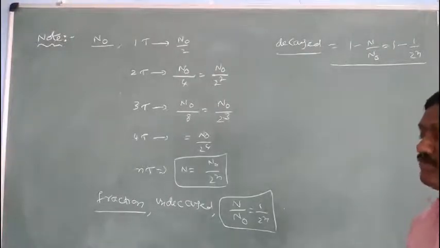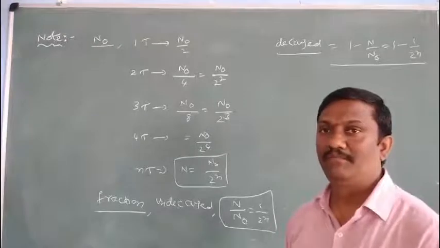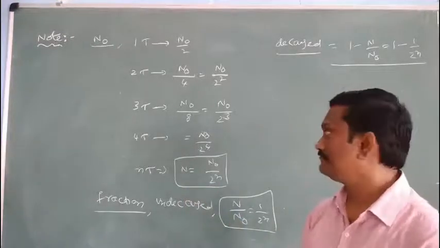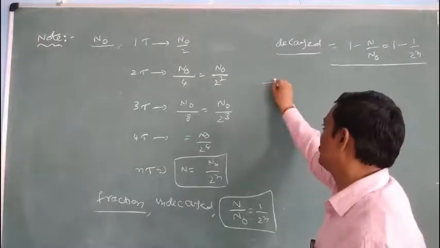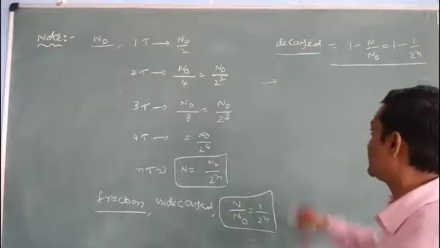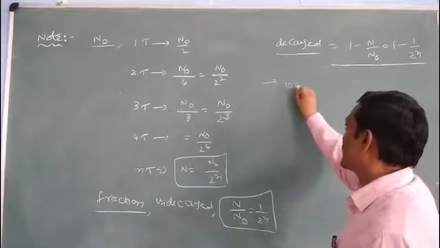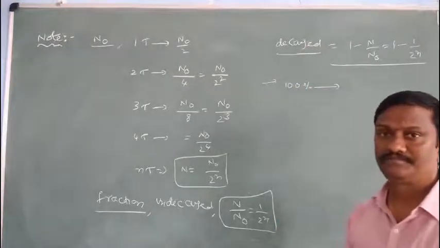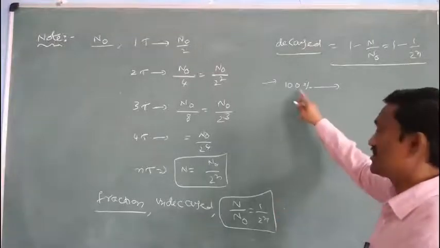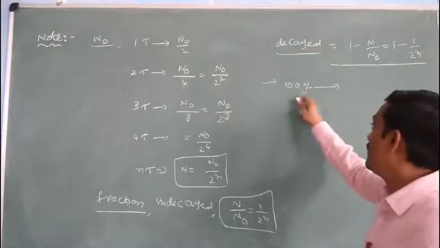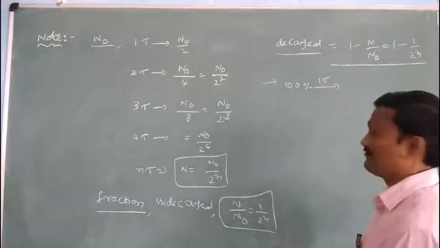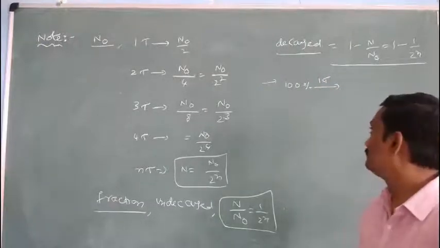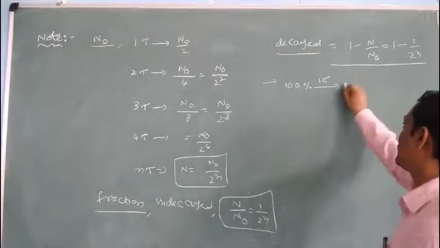So those are some important points based on half-life values. Let us observe some more points. For example, at starting time, the radioactive substance consists of 100% of atoms. After completion of one half-life, 50% of atoms are decayed and 50% remain.